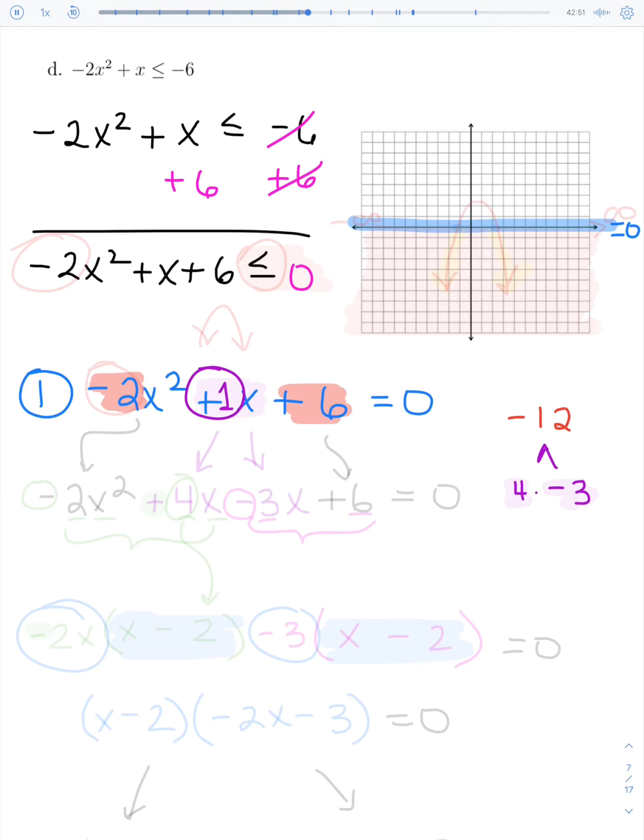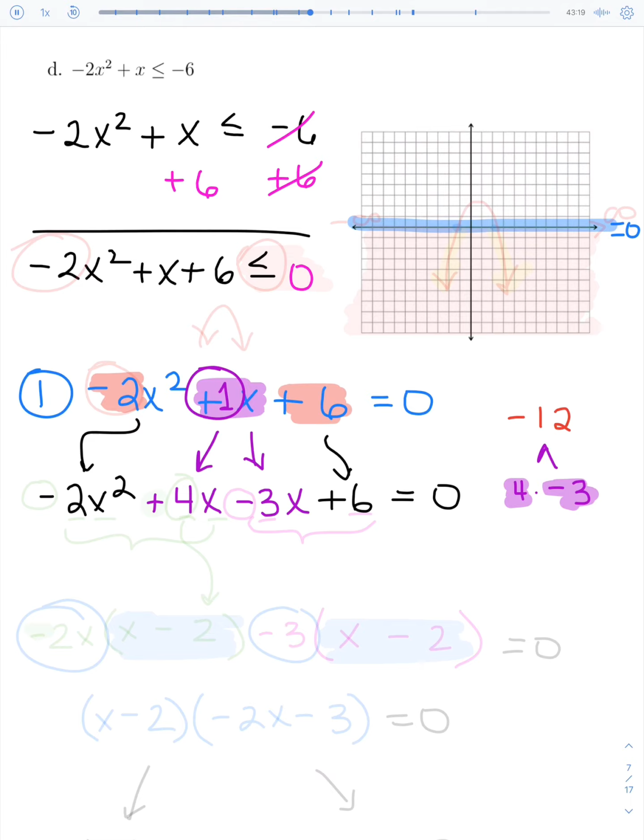Then that gives you a way to break up the 1x into two pieces, a 4 and a negative 3. So you'd break that up into a positive 4x and a negative 3x. Everything else would stay the same, so you'd still have your negative 2x squared and your positive 6.